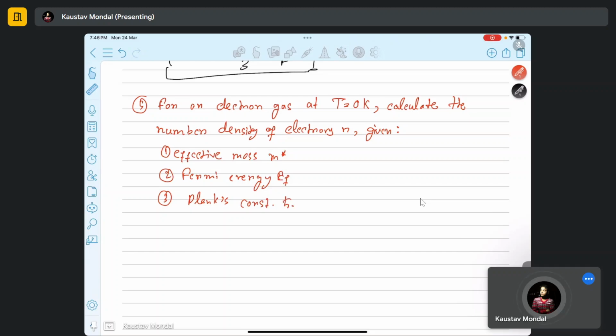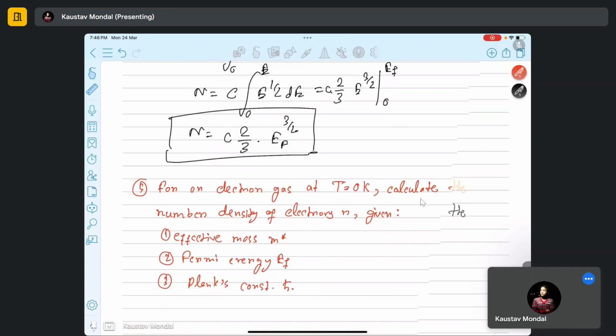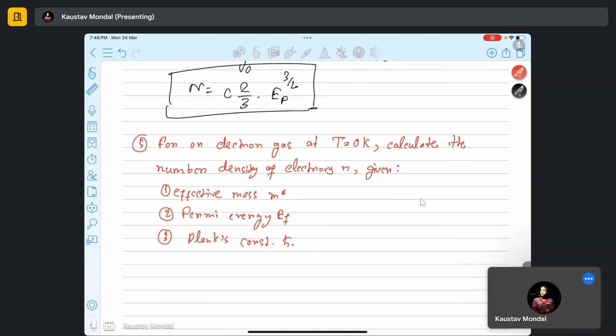These three things are given, and you have to calculate the number density in terms of these three things.